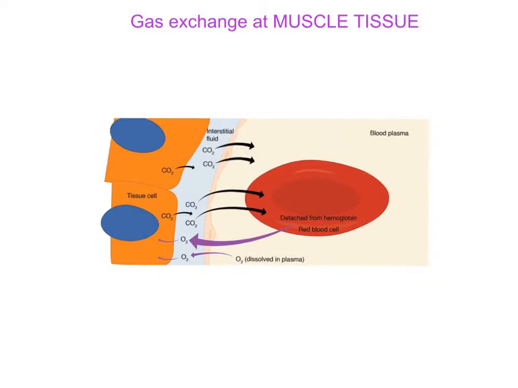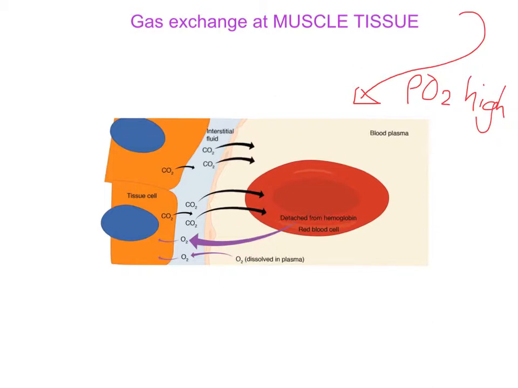So gas exchange at the muscle tissue is very similar in terms of how we're going to structure our answer, but obviously we've got some different and in fact some opposite answers. Remember, this blood came down from the lungs, pumped around the heart, and the pressure of oxygen in this blood is high. So here it comes.